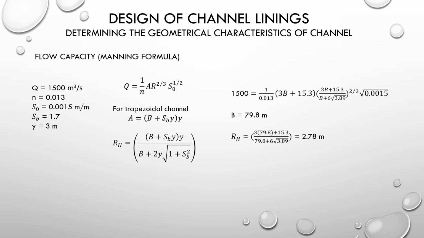What was not given to us in this question was the bottom width of the channel. In order to find that, we use Manning's formula for flow capacity with the givens of 1500 meters cubed per second flow, 0.013 Manning coefficient for concrete retrieved from table 21 of the City of Toronto's criteria for design document, as well as the channel slope of 0.015 meters per meter and the side bank slope of 1.7 horizontal per vertical, and the channel flow depth of 3 meters.